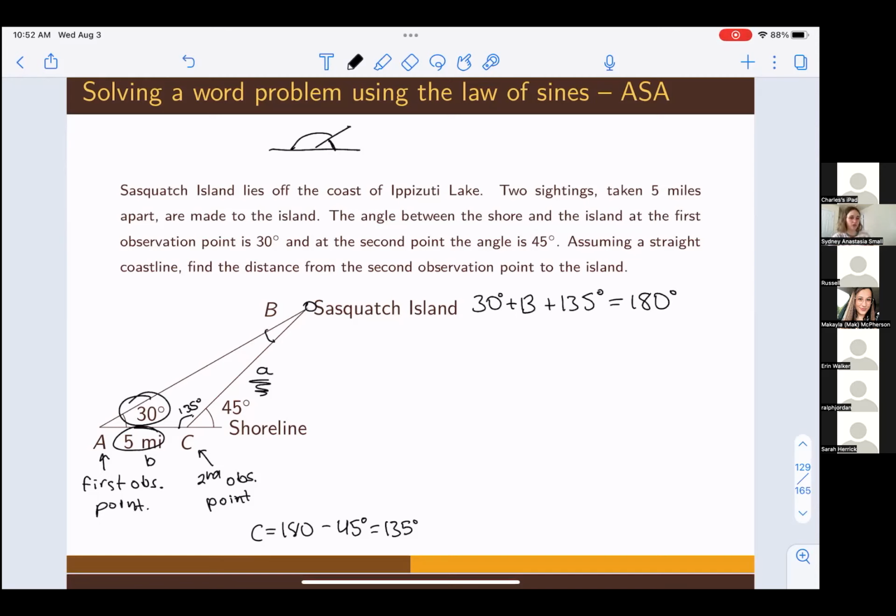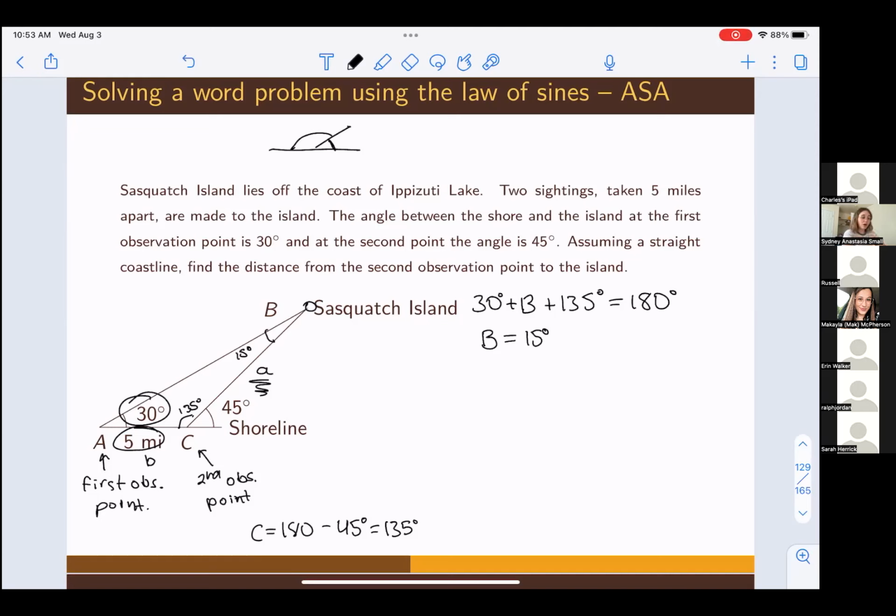That's just the law. That's just how math works. So solving for B, subtracting 30 and 135 from both sides, I get that B is equal to 15 degrees. Again, not the piece of information that the problem asked us to solve for, but it's a piece of information we need in order to get the answer.